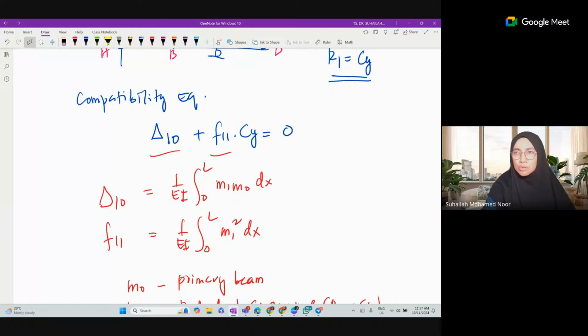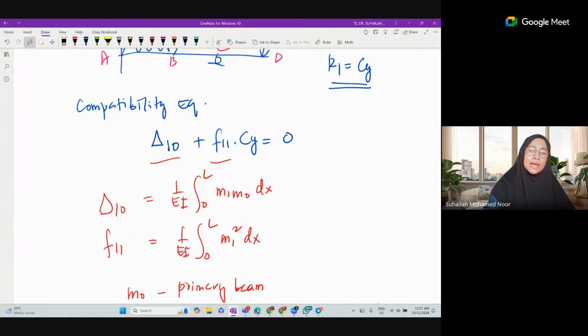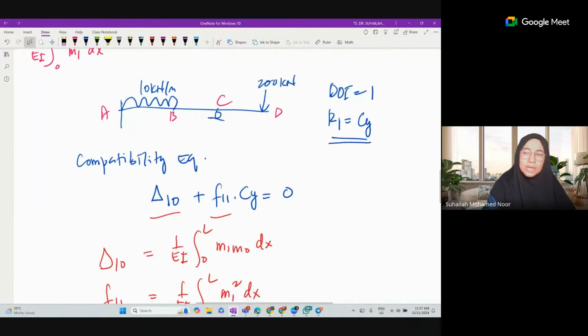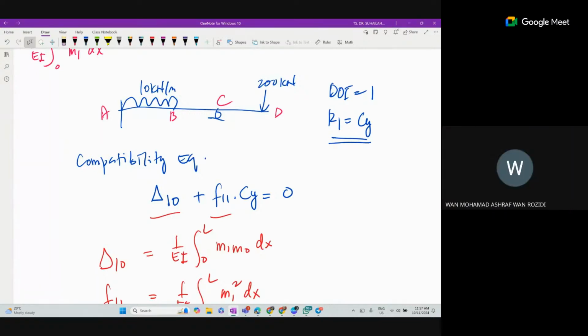With these two displacements, Cy can be determined by solving the compatibility equation. Then we get the redundant, and having the redundant, we can solve the remaining reactions using equilibrium equations. Okay, that is the idea. Do you get that? Yes, okay.